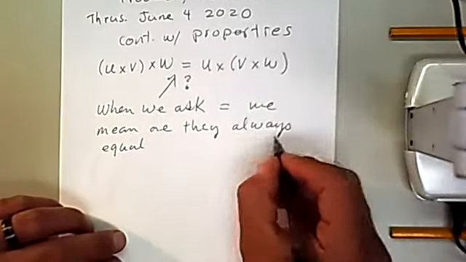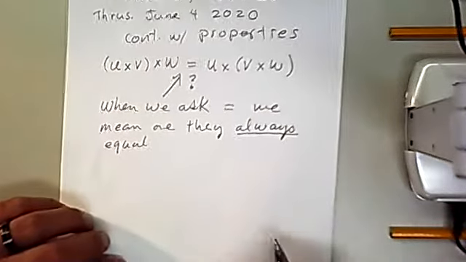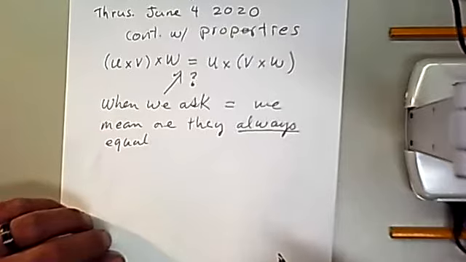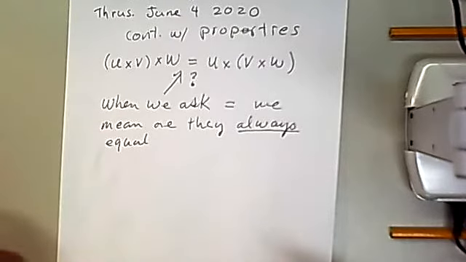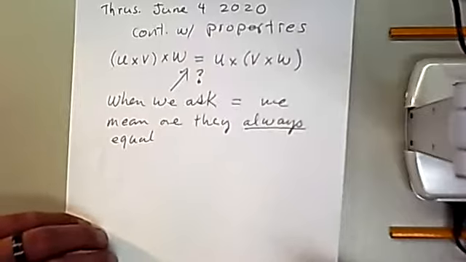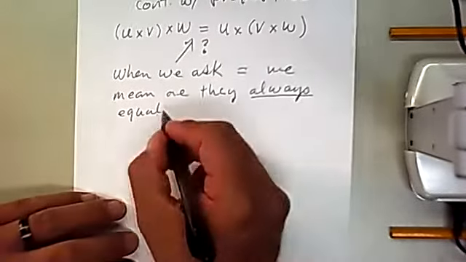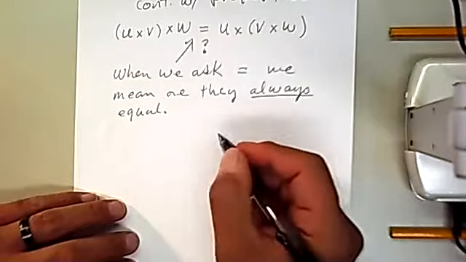The key is to remember that when we are asking whether two sides of a possible identity are equal, we mean always. So if we can come up with a counterexample, then we can say, no, they're not equal. All it takes is one counterexample, and I can provide you with at least one.